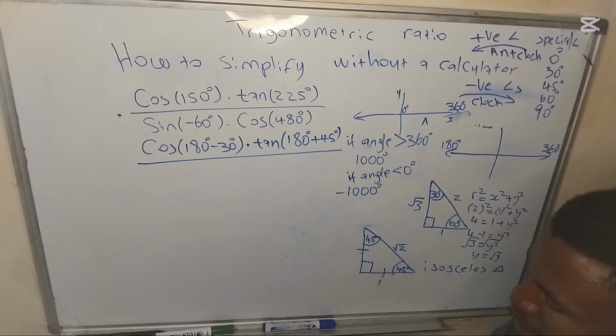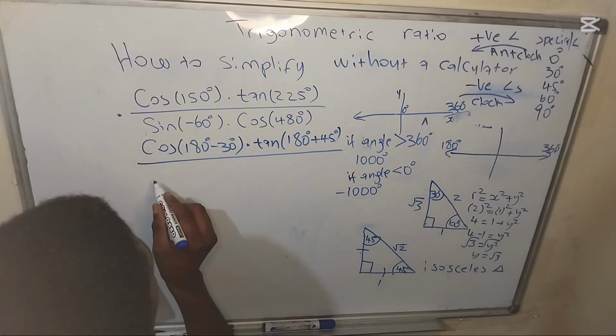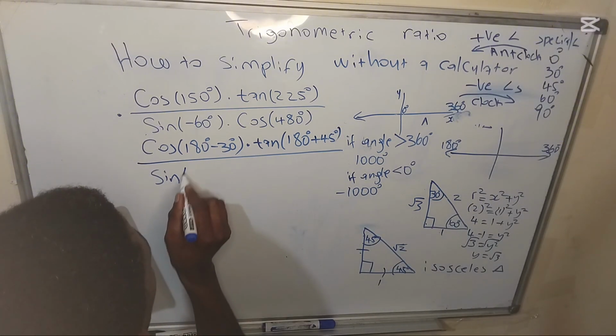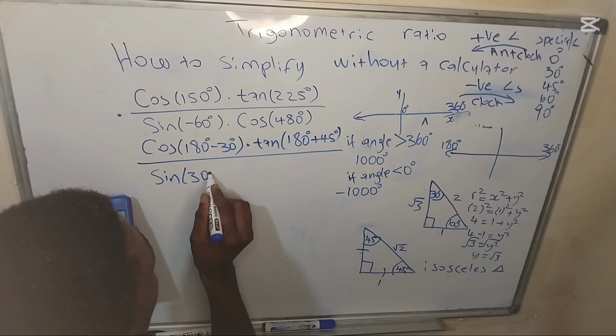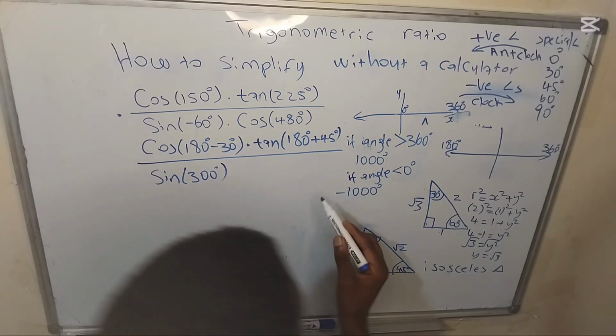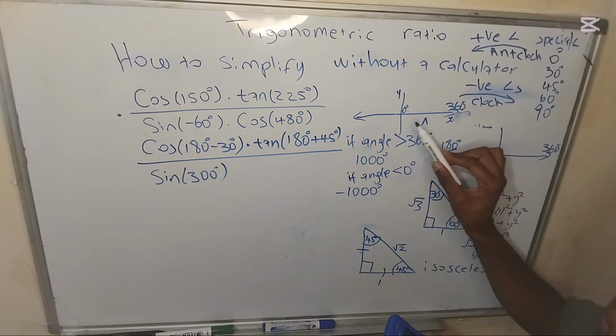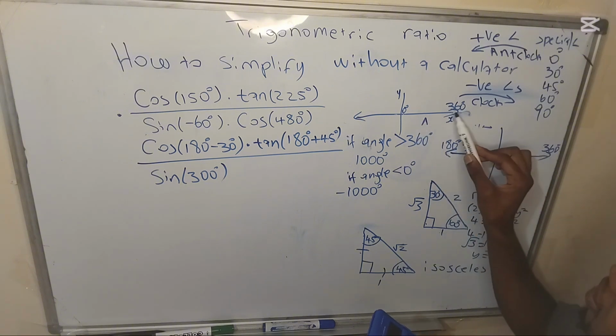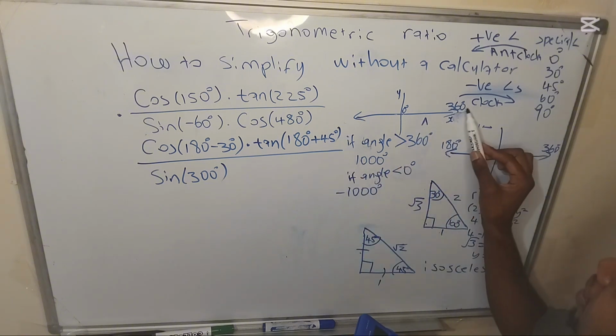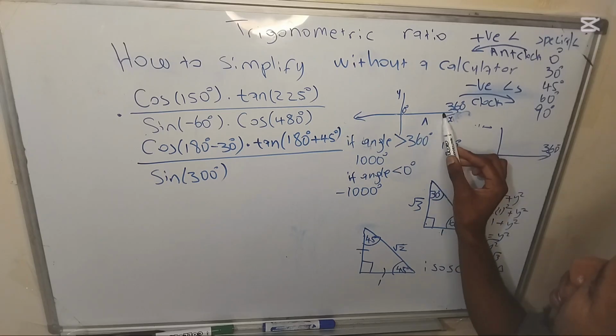Negative 60 plus 360 degrees is equal to 300, meaning that this can be expressed in the form of sine 300 degrees. Reason being, our 300 is between 0 degrees and 360 degrees. Remember, 300 degrees is less than 360, so it's found in this range.